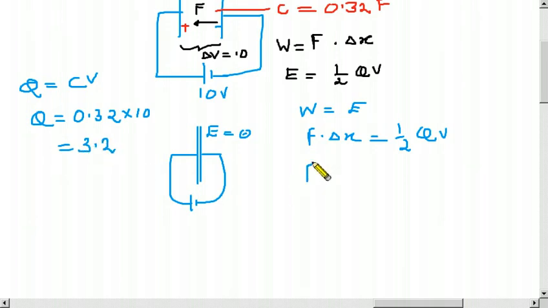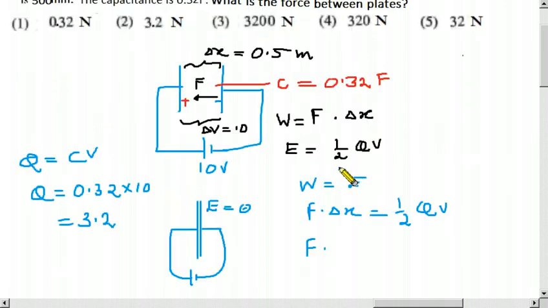We can substitute it here. Delta x is 0.5 meter, half times 3.2 times again 10.